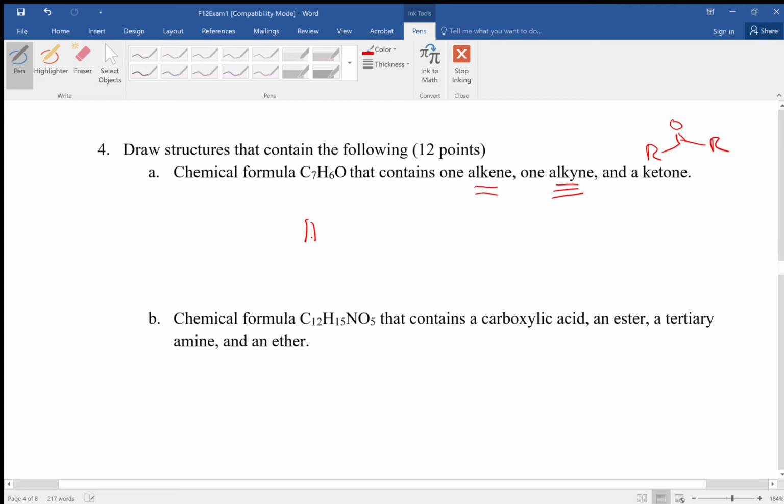All right, so I'm going to start. There's our ketone. There's our alkene. And there's an alkyne. And we have 1, 2, 3, 4, 5, 6 carbons. So we'll put a 7th carbon here.